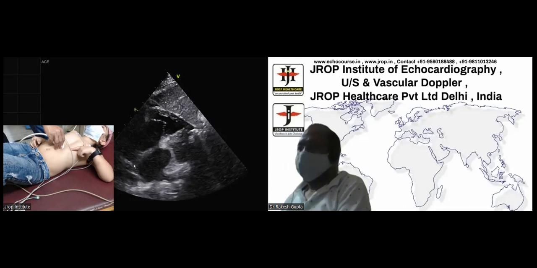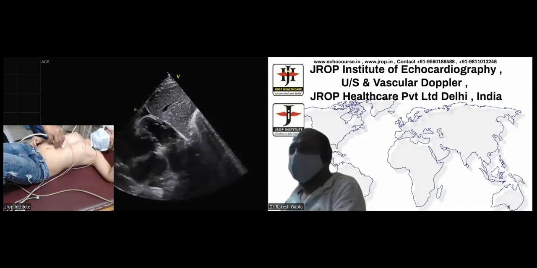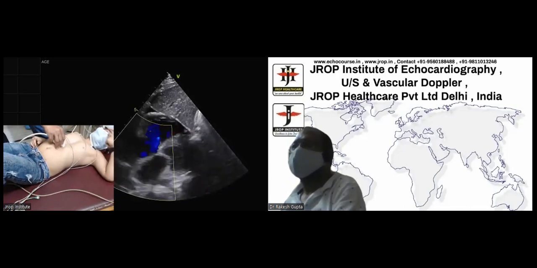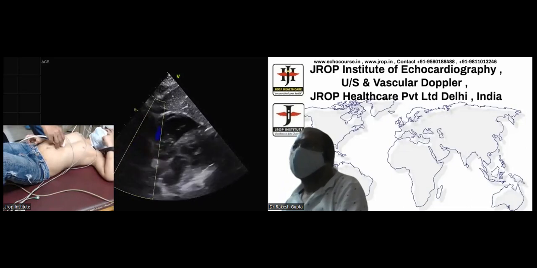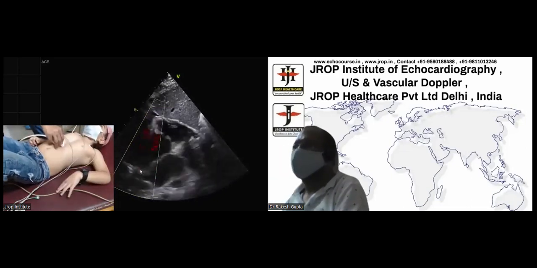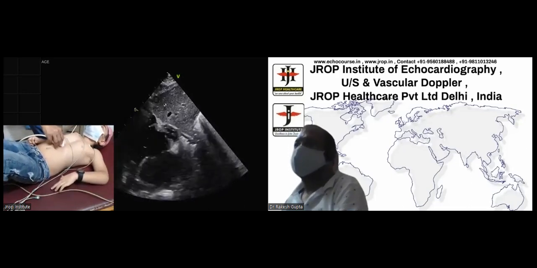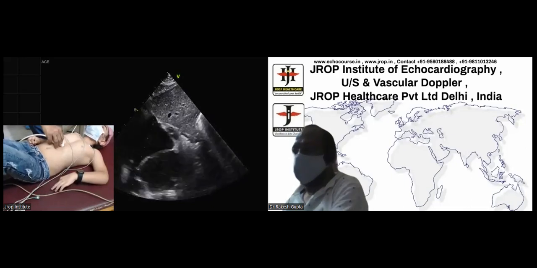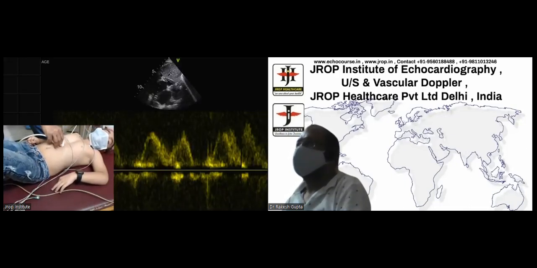All right. Now let me just go back again and try to switch on colors over here. Intermittently, you'll see. Yeah. Now you can see the SVC flow seen over here. To measure this is a very simple thing: put your sample volume into this SVC and that gives you an SVC flow.